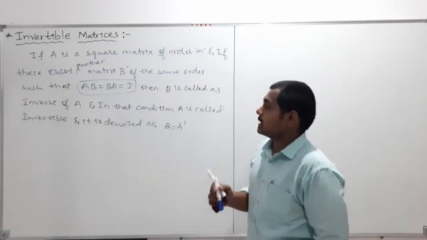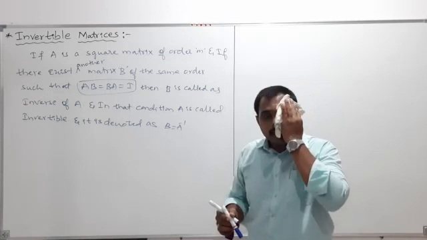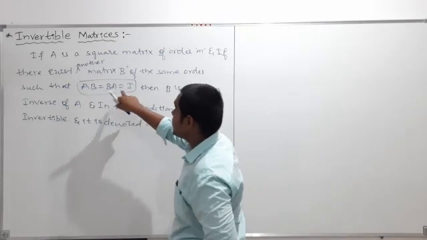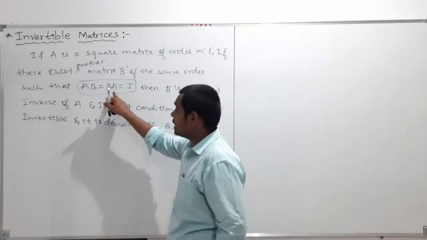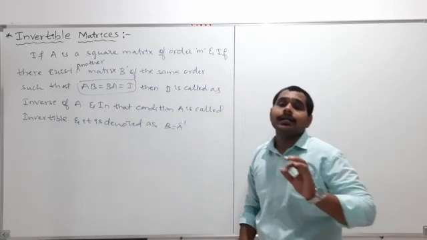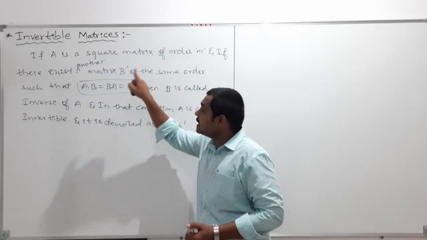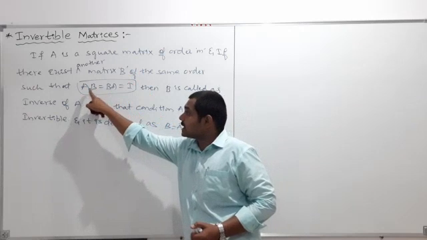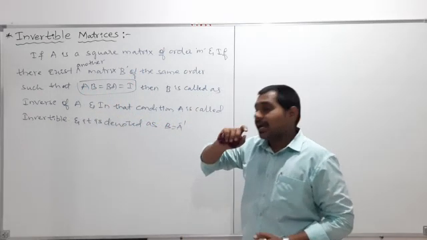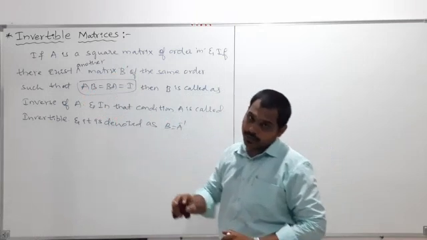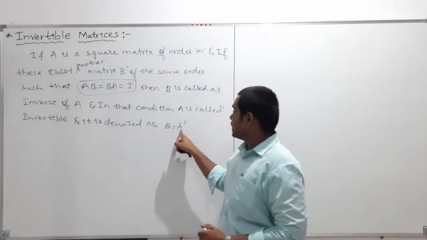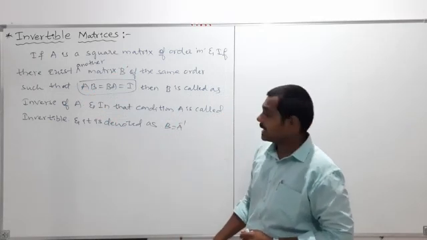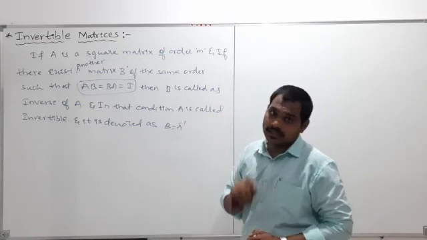For any matrix A, if there exists another matrix B such that after multiplying those two, A into B or B into A, I get the identity matrix, then in such a case B is called the inverse of A, A is called invertible, and A is also the inverse of B. And it is generally denoted like this, A to the power minus 1, A inverse.